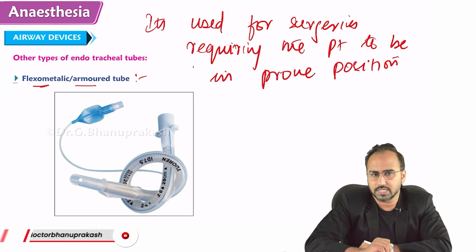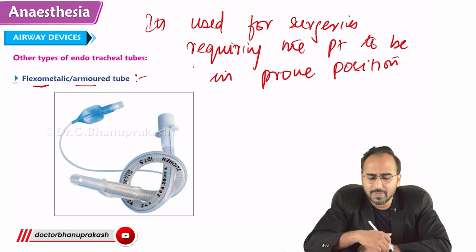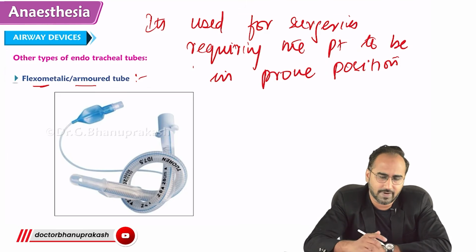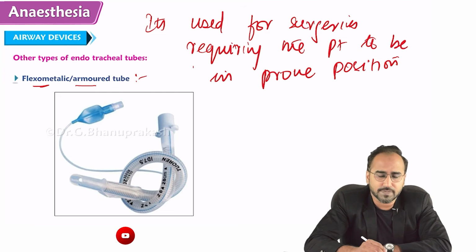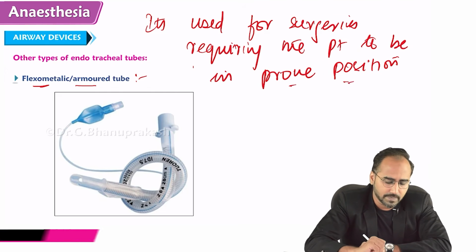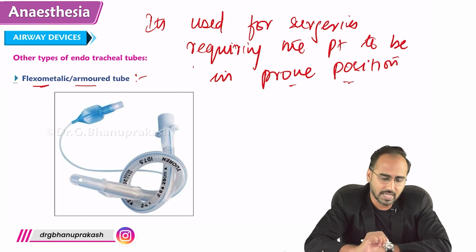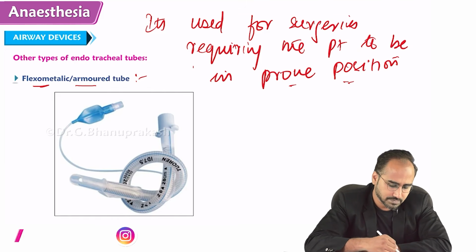Prone position, right? Flexometallic. Why? Because no matter how much you bend, it won't kink. It is used for surgeries that require the patient to be in prone position. That's regarding the flexometallic or armored tube.